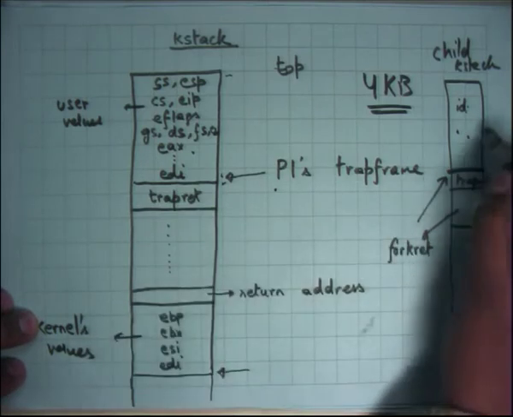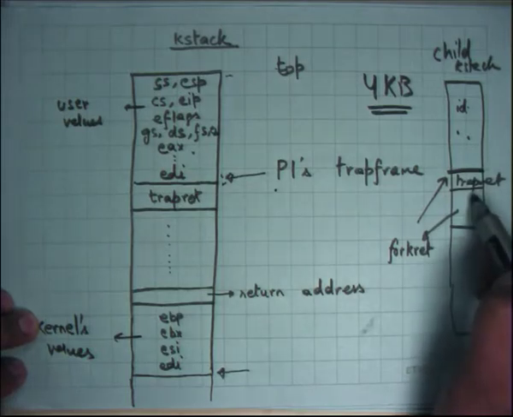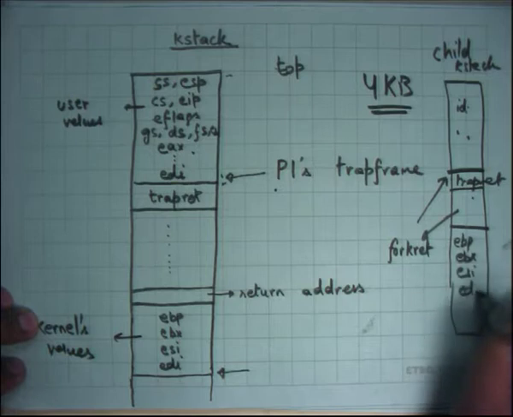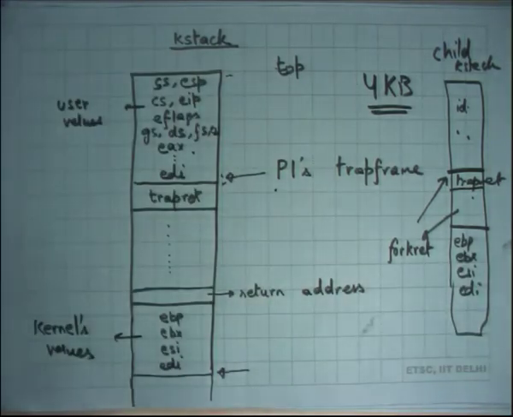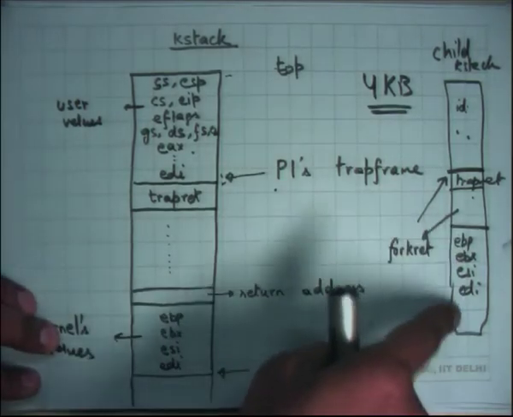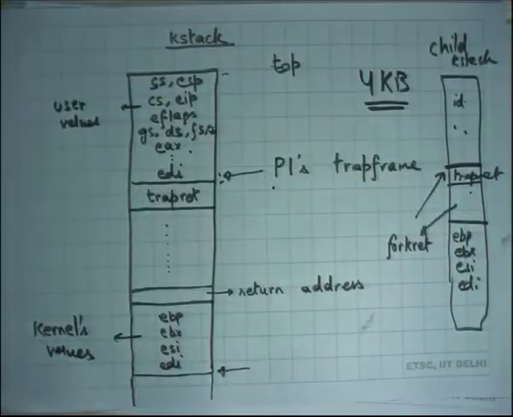I just initialize it with the parent's trap frame, the address of the function trapret, and the registers, which can be, let's say, 0 initialized or something, right? You don't care. All you care is that you're going to return from the trap, and you're going to start executing in user mode as a fresh process.